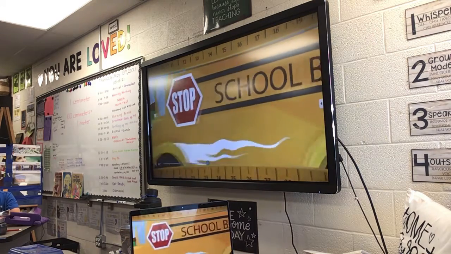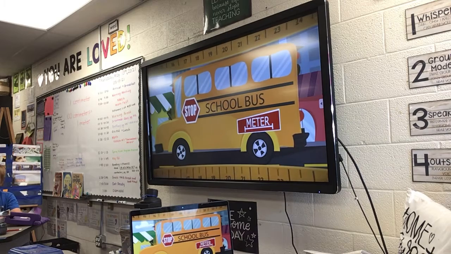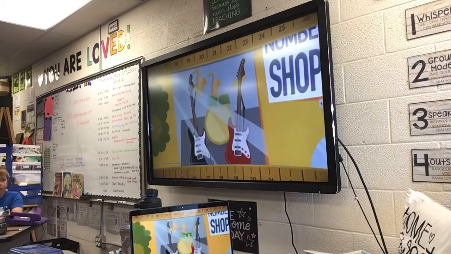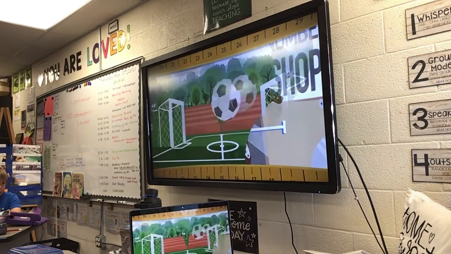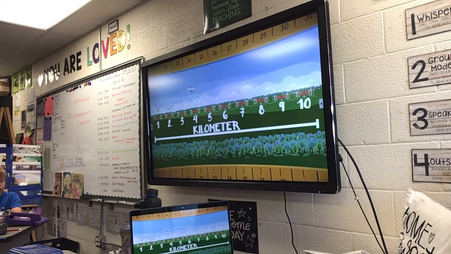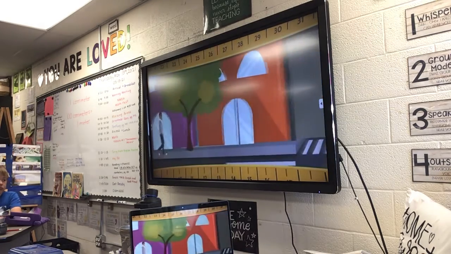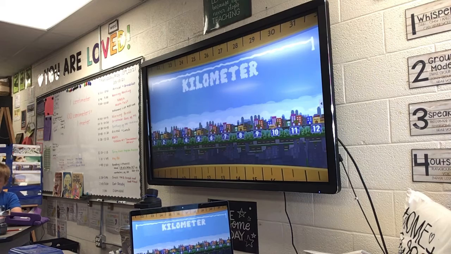A school bus wheel's diameter is about 1 meter, and a meter is about as far as the length of a guitar. 10 soccer fields in a row, about a kilometer you'll go. It's about how far you walk if you cross 12 city blocks.